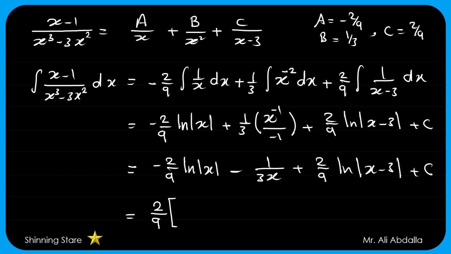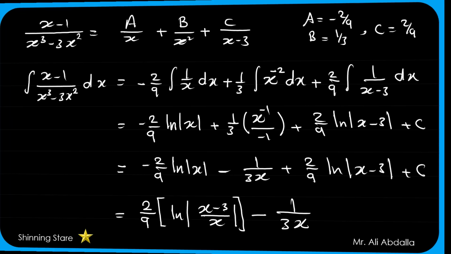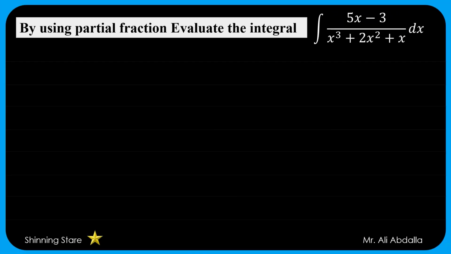Then we have ln absolute value of x minus 3 minus ln absolute value of x. This means ln absolute value of x minus 3 over x, plus negative 1 over 3x.